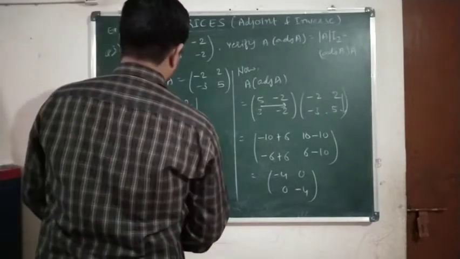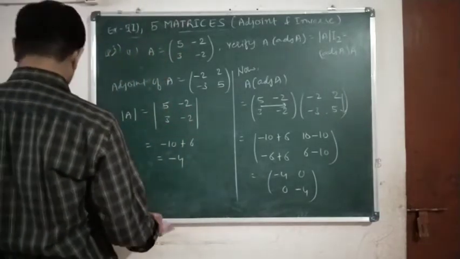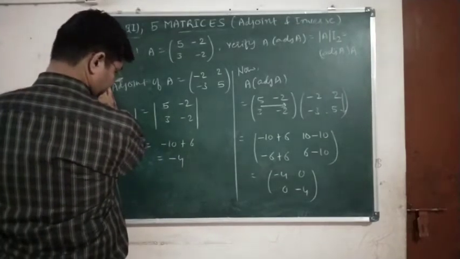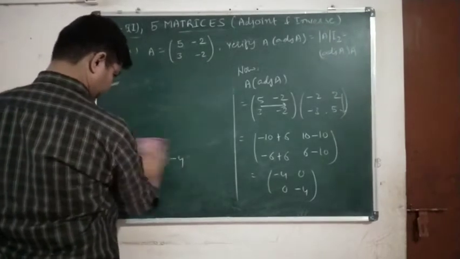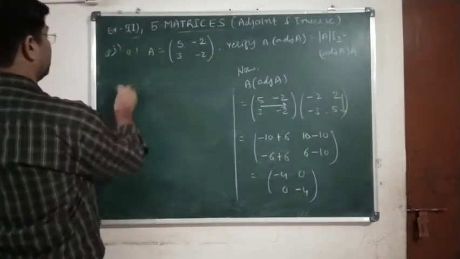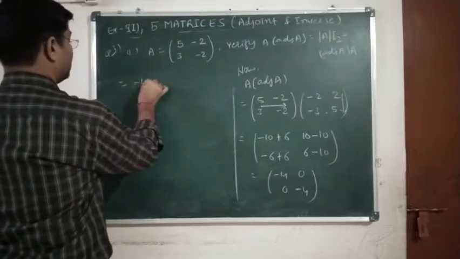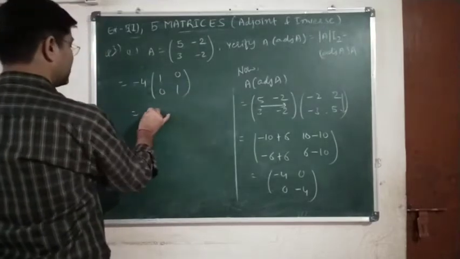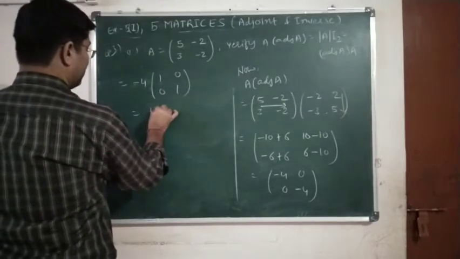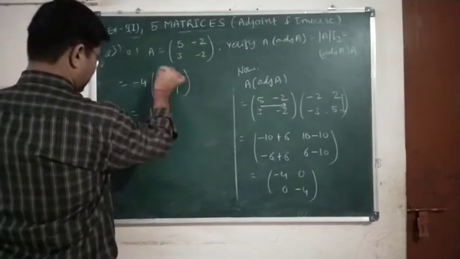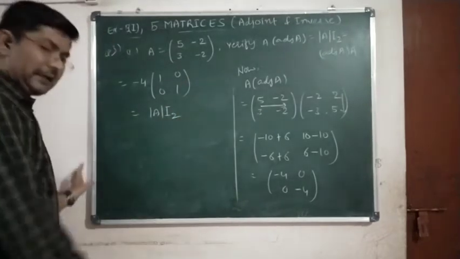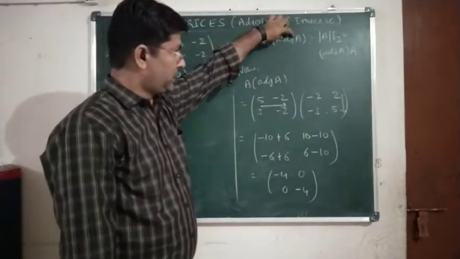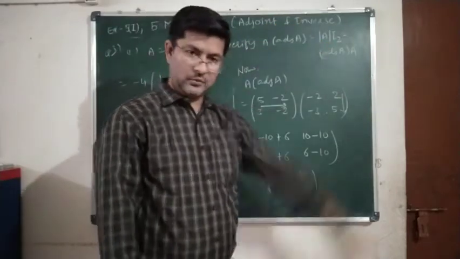So taking minus 4 common, we will get 1 0 0 1, where minus 4 is the determinant of A, and this matrix represents the identity matrix of order 2. So A into adjoint of A is equal to determinant of A into I2, we have proved.